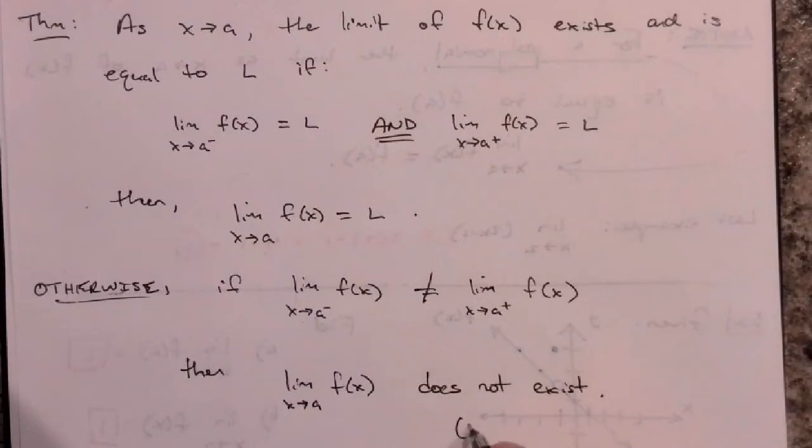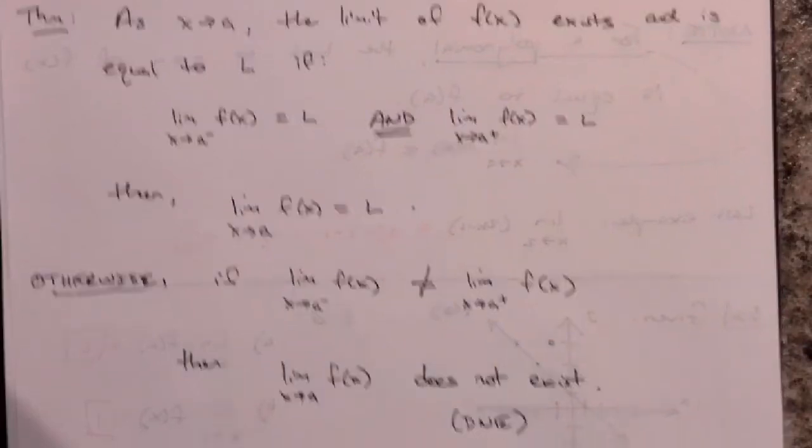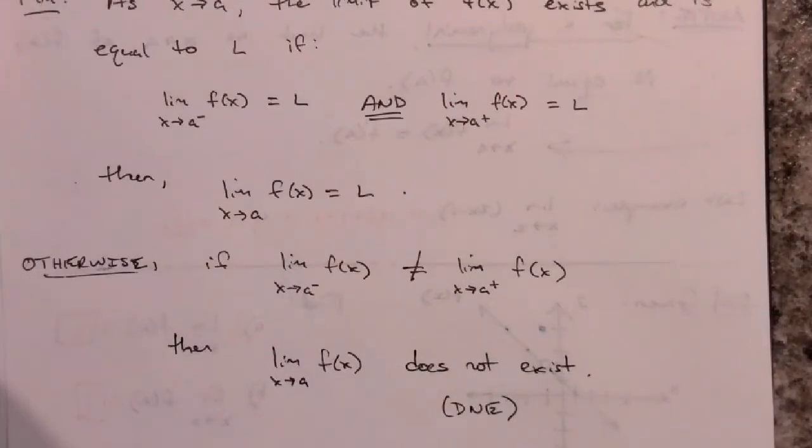And for short, we'll write DNE. We're making sure you understand that. So when you have a limit from the left and the right side, they have to go to the same y value. If they're not going to the same value, then the limit doesn't exist.